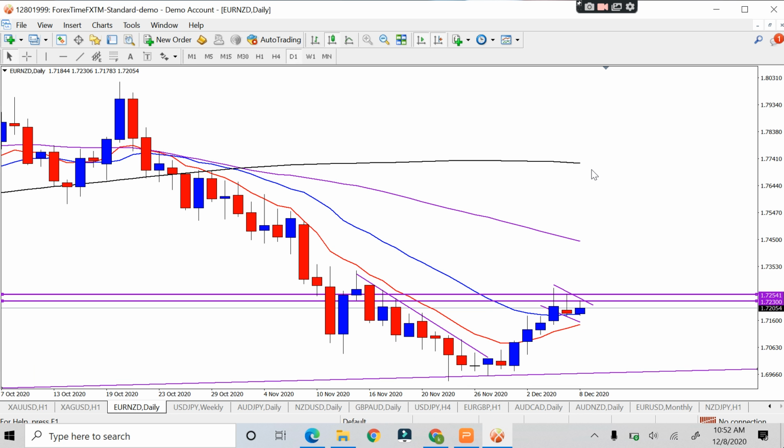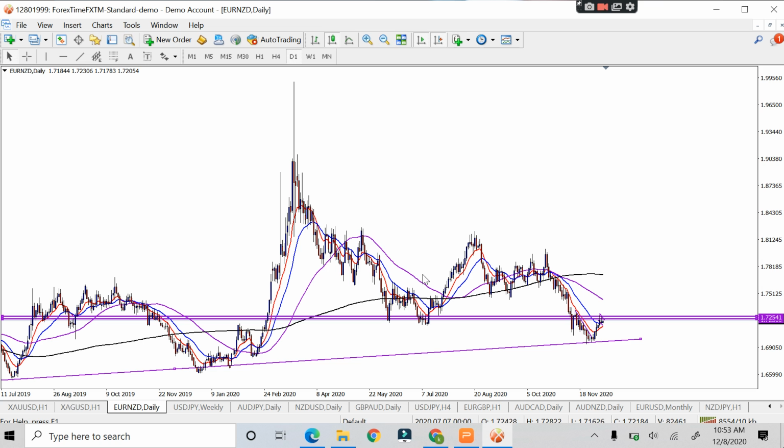On daily, what I'm seeing on daily is still a buy, but you can see that we are at a sort of resistance.